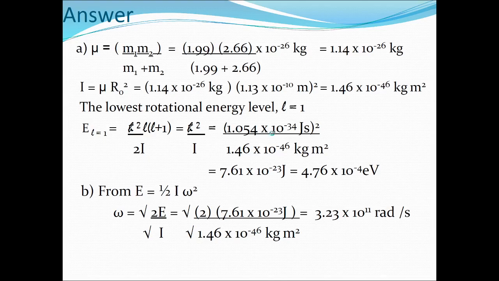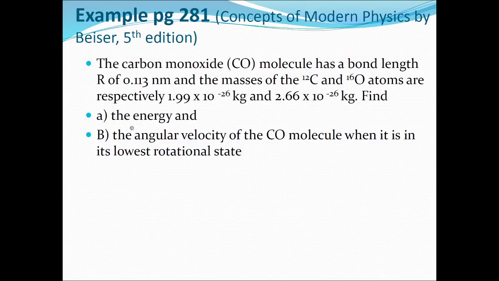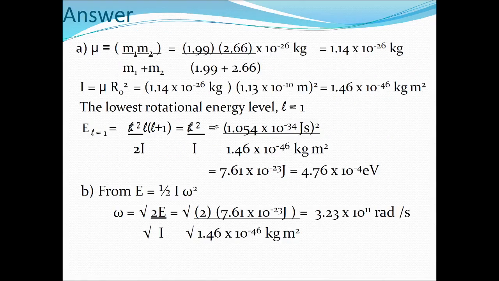Okay, now the question asks you to find the energy. If the question does not mention what level of energy, we assume the lowest energy, when L is equal to 1. So we just substitute the value of 1 into this equation.